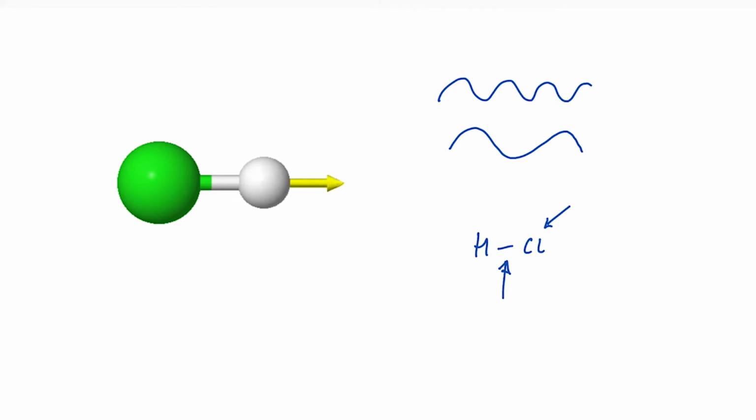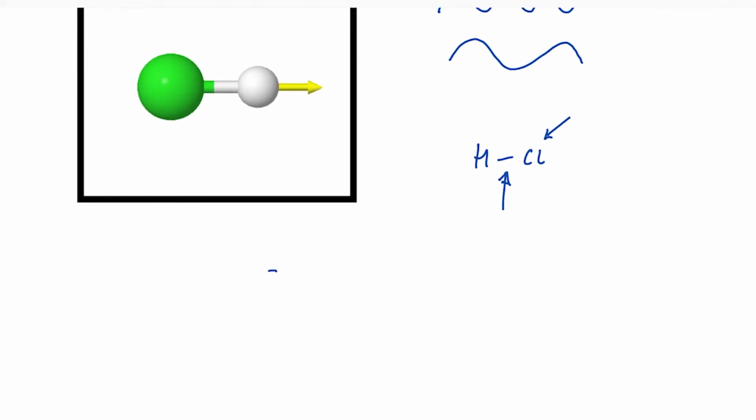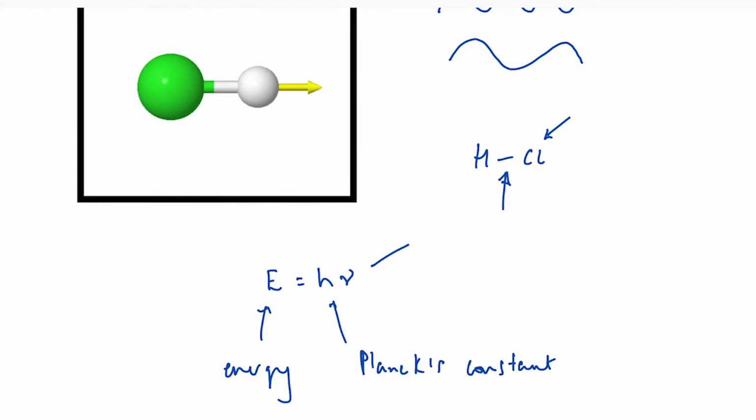if they absorb energy. You will remember the formula E equals hV, where E is the energy, H is Planck's constant, and V, I know it's technically pronounced nu, but I'm going to stick to V. V is our frequency.